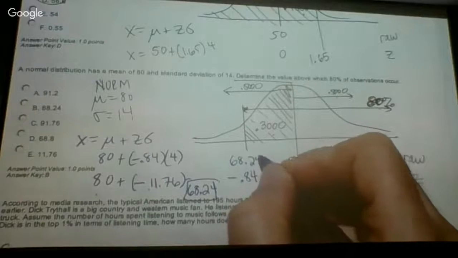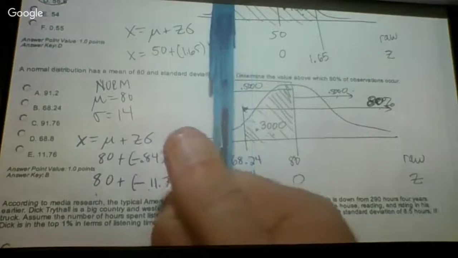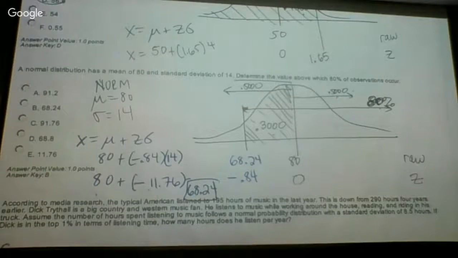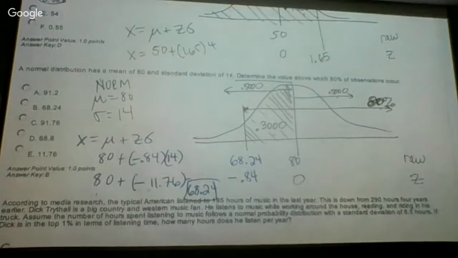Sigma is 14. Thanks, Steve, I appreciate that. It was 4 before, that's changed. So 0.84 times 14 gives 11.76, and that's your answer.